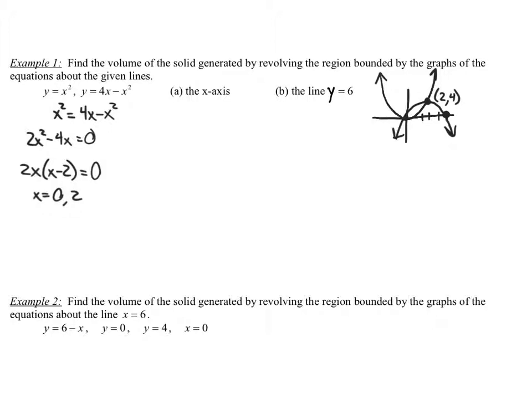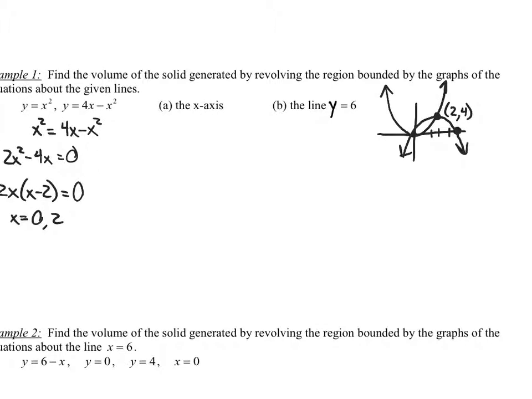Now if I'm revolving this area around the x-axis, one of the things you have to make sure about is keeping in mind which one is above and which one is below, which would be our outer radius and which will be the inner radius.